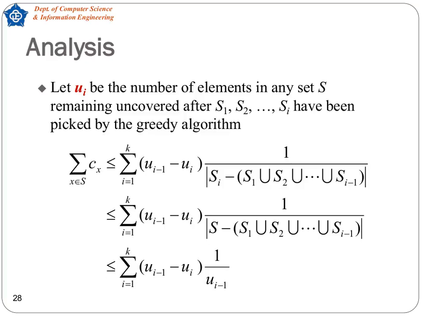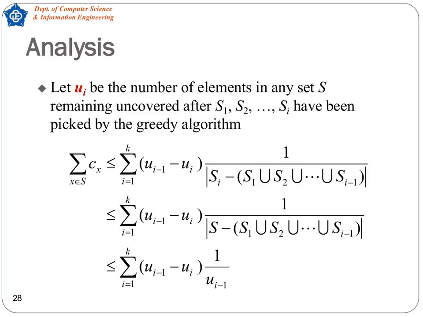At step i, exactly u_{i-1} minus u_i new elements of S become covered, and each of those elements incurs cost at most the reciprocal of the number of newly covered elements in the set chosen at that step. In other words, the sum over x in S of c of x is less than or equal to the sum from i equals 1 to k of u_{i-1} minus u_i times 1 over the size of S_i minus the union of earlier sets.